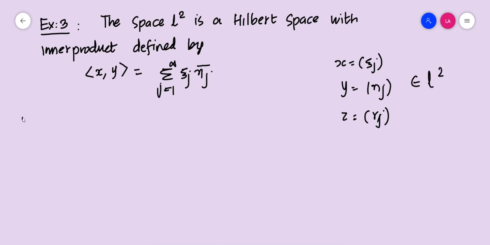So the first property IP1 is inner product x plus y comma z. In x plus y, the elements are theta j plus eta j.